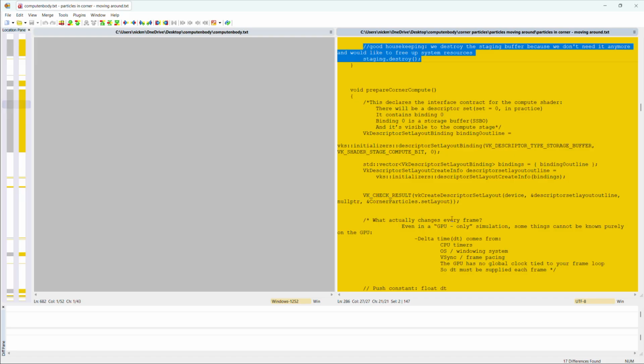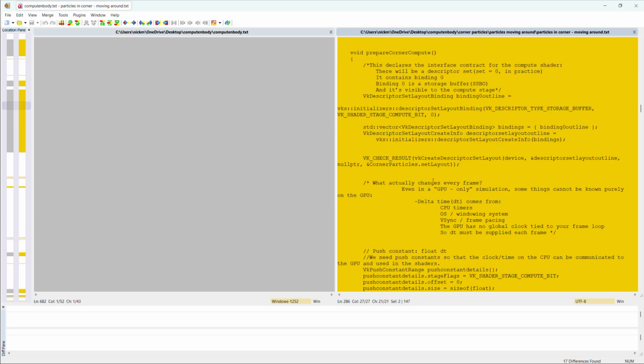What actually changes every frame? Even in CPU only simulation, some things cannot be known purely on the GPU. So we have this delta time thing. Delta time comes from CPU timers, OS windowing system, VSync, and frame pacing. The GPU has no global clock tied to your frame loop, so DT must be supplied each frame.